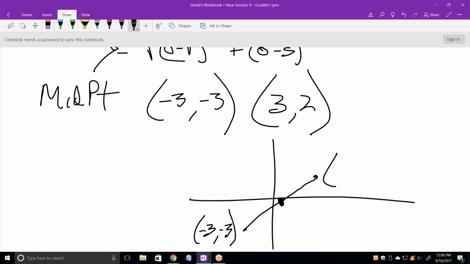What is halfway between -3 and 3? 0. Yeah, you add them together, you divide by 2. So the x-coordinate of the midpoint is 0. And like I said, the way to find the halfway point is to add the two numbers together and divide by 2. So what's the y midpoint?